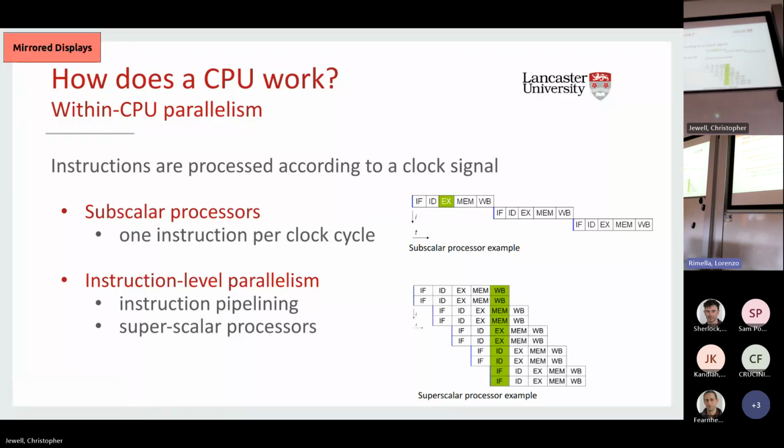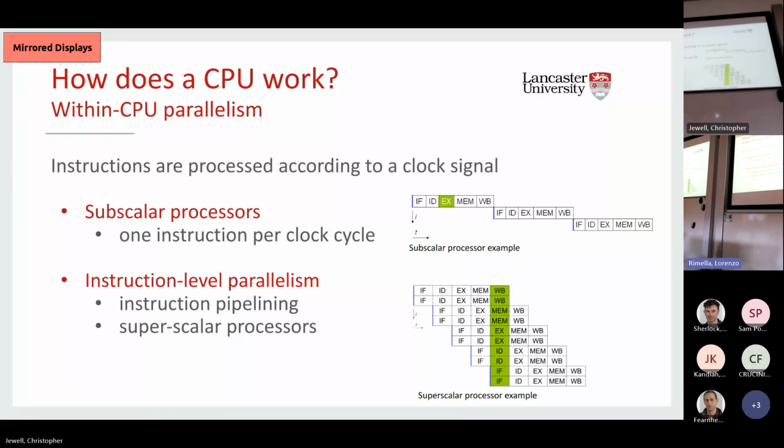Okay. So you can think of that as being like a car production line. You don't invoke a production line and just make one car as it moves through. That's silly, because the people who make the seats are sat idle while the engine's being made. You don't do that. You production line your car so that actions are happening in parallel, just on different units as they move through the pipeline.